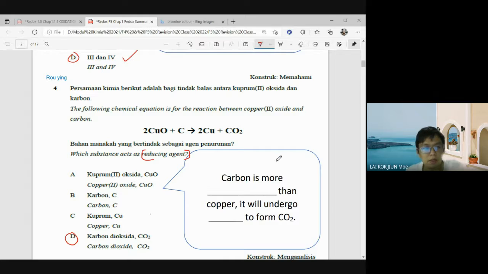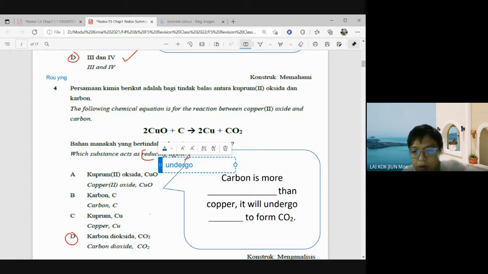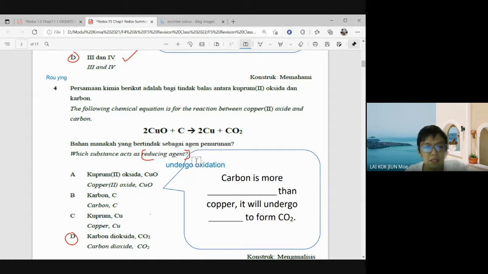Okay. So Rowing, if it is a reducing agent, it itself undergoes what? Earlier I said it the wrong way around. If it is a reducing agent, it itself undergoes oxidation. So Rowing, you have to reverse it. You see which one undergoes oxidation, that is your answer.